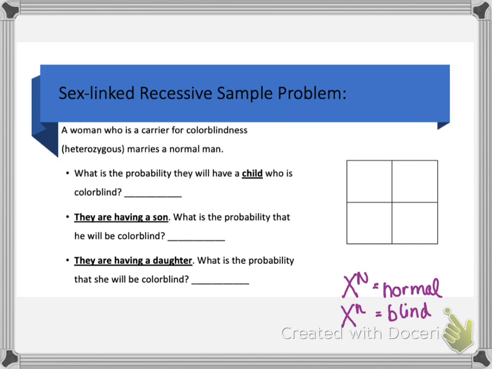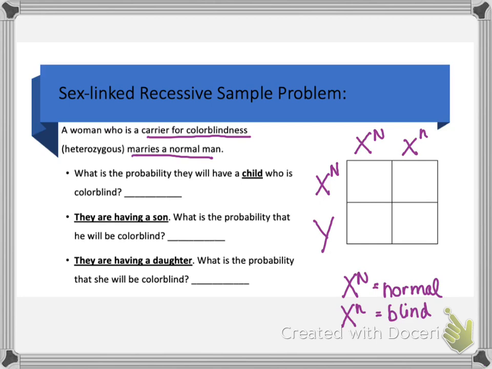So we have a woman who is a carrier for color blindness, so that means she is heterozygous. So she is X big N, X little n, and marries a normal man. So he is XY, and he has a normal allele on his one X chromosome. So we want to know first, what's the probability they're going to have a child that's colorblind?